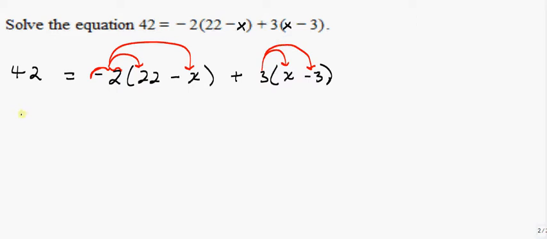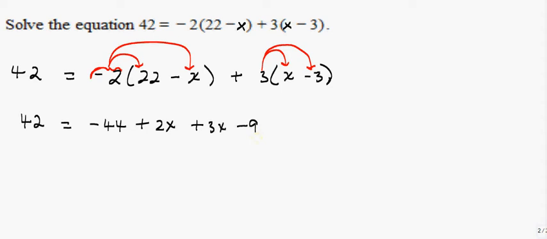So that means we're going to end up with 42 is equal to -2 times a +22 is a -44. -2 times a -x is a +2x. Remember, negative times negative is positive. Here we have +3 times x is a +3x, and a +3 times a -3 is a -9.